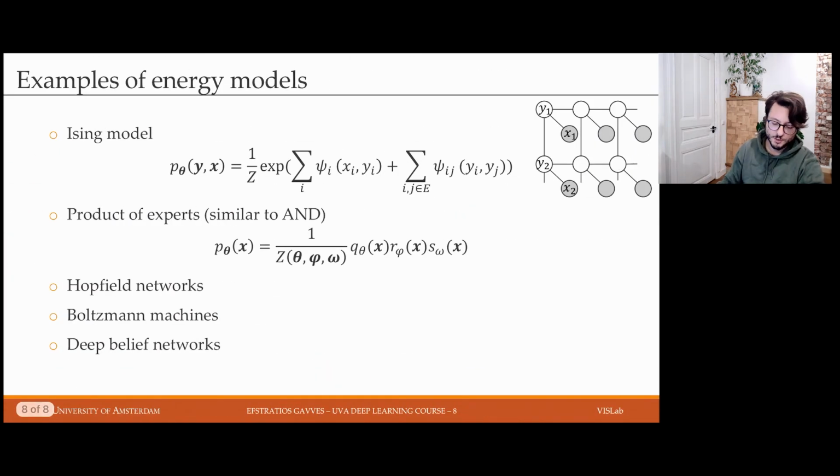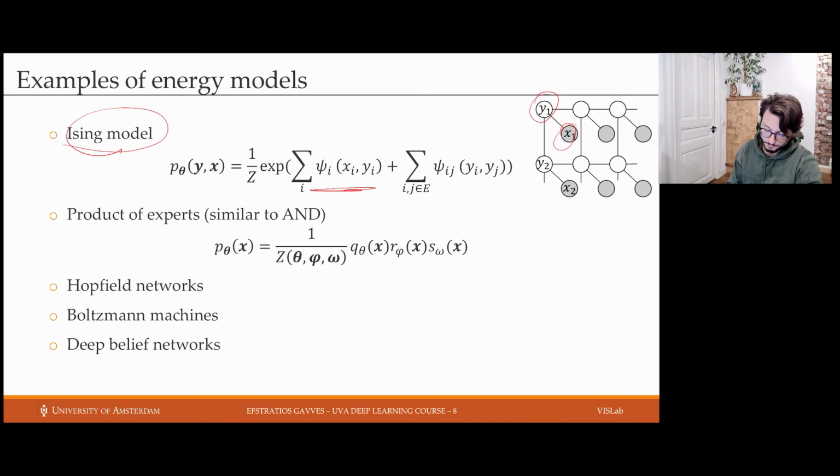Some examples of energy models are the Ising model, which is computed as a potential between x_i and y_i. x_i is the observed pixel, so let's say the noised-up version of an image, and y_i is the true pixel value that we want to recover, so the latent pixel values that we want to recover.